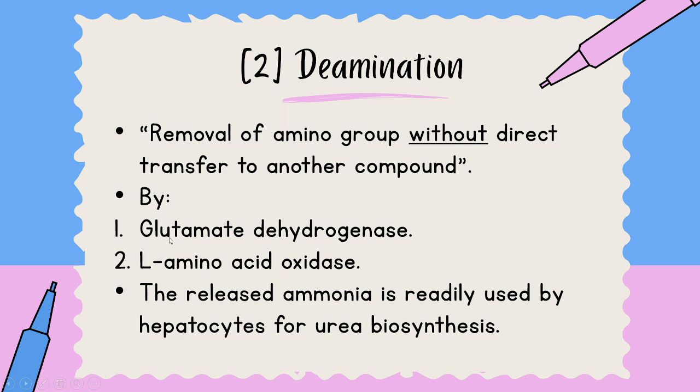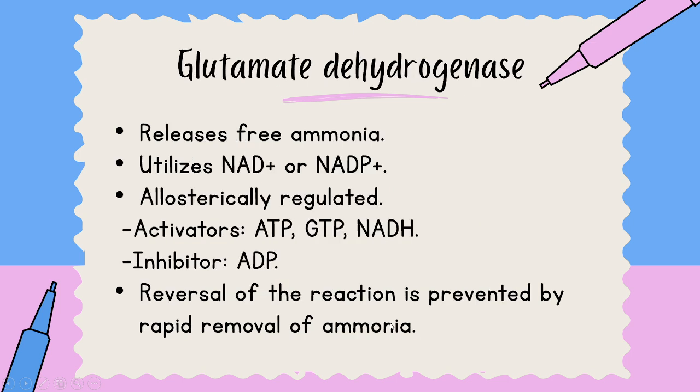Deamination can be carried out by glutamate dehydrogenase or L-amino acid oxidase, and the released ammonia will be readily used by the hepatocyte for urea synthesis. And we will discuss why it is readily incorporated into urea as we approach the end of our discussion.